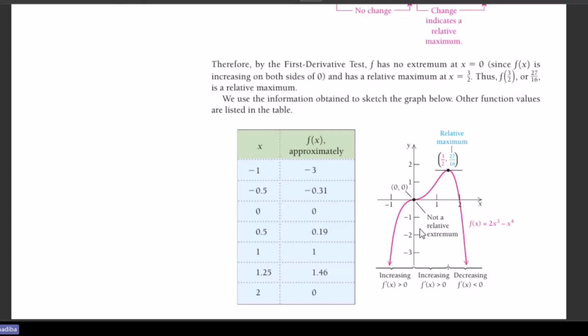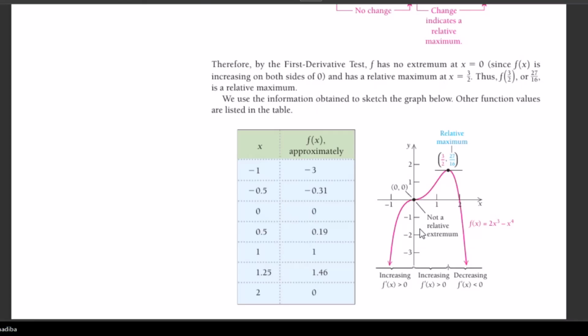After getting the critical values, the next thing you need to do is establish the intervals. After establishing the intervals, you choose the test values. Then you draw a table of signs, meaning you substitute the test values in the first derivative.